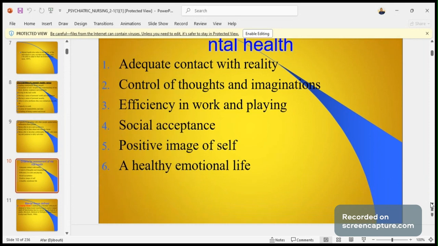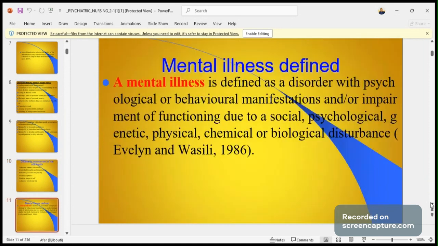So yeah, let's check on mental illness. Define mental illness. Okay. Now, mental illness is defined as a disorder with psychological or behavioral manifestation, and it will impair function due to social, psychological, genetic, physical, chemical, or biological disturbance.